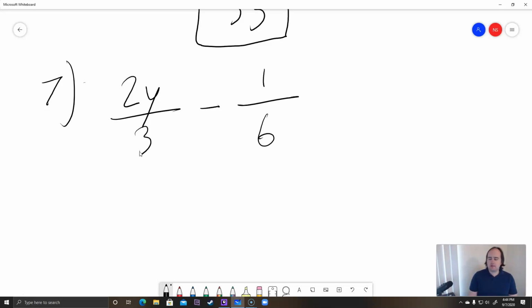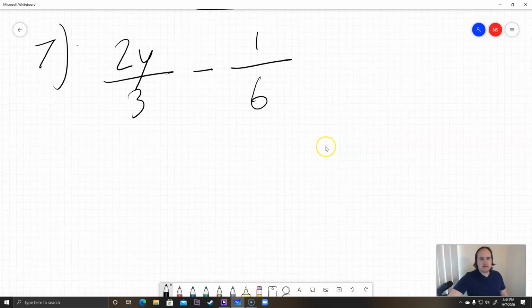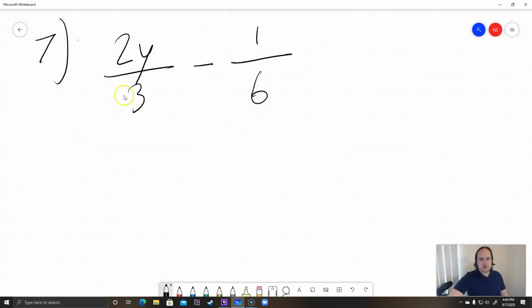So for this problem, you probably don't need to find the LCD because it should be pretty clear to you what we're missing in the first denominator. Well, for the second denominator we have 6. For the first denominator we have 3. So what are we missing in the first denominator? 2. Because 2 times 3 is 6. Okay?